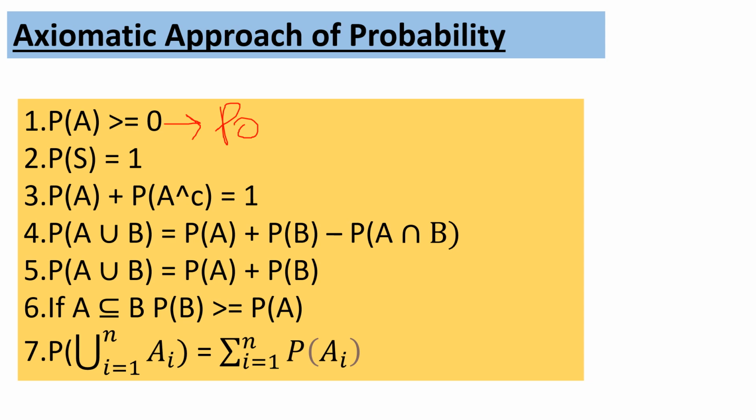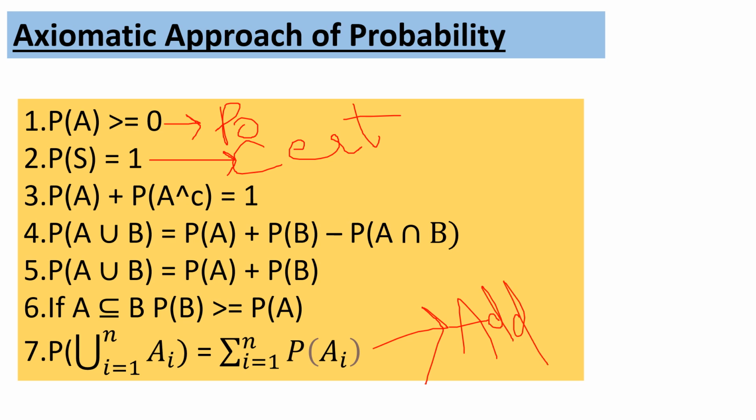And this probability of a sample space is equal to 1 is also called as almost sure or certainty. This is called as certainty. And the last property, it is called as additivity. This is all about the axiomatic approach of probability.